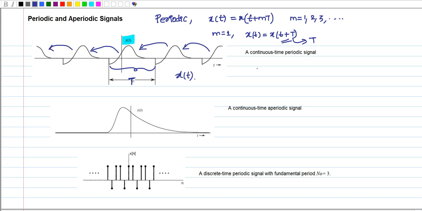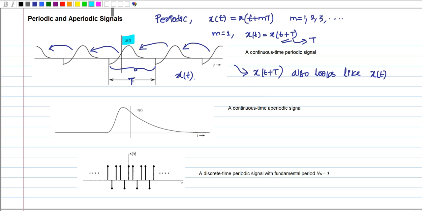So therefore my signal x of t plus T also looks like x of t, right? Because I am shifting this portion over here and this portion over here. Therefore the same signal x of t is equal to x of t plus T.